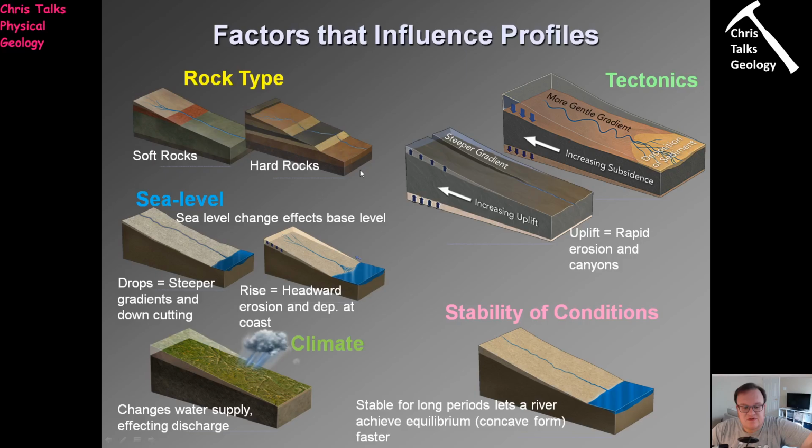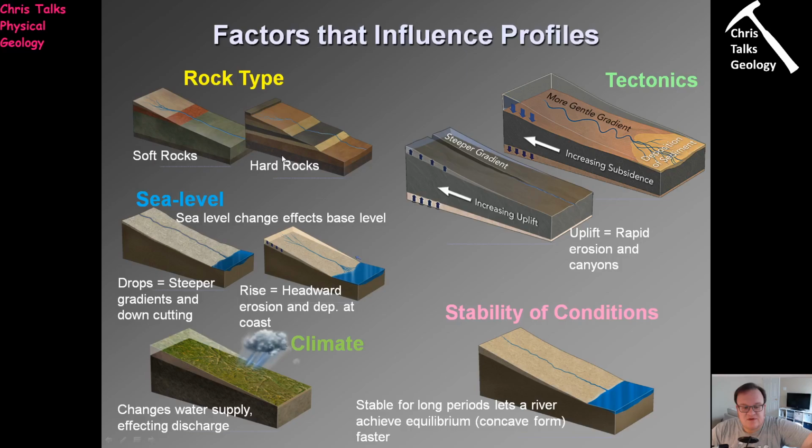And that's going to produce a profile that has cliffs and waterfalls. Now over time, all of this will eventually be eroded away to produce a nice smooth profile like this, but it takes a lot longer because of the hard rocks. And so if you want to produce a nice smooth profile, you can produce it much faster in an environment where you have soft rocks rather than hard rocks.